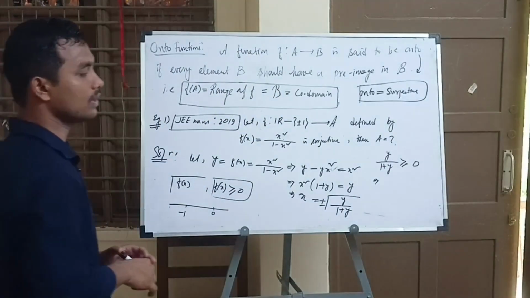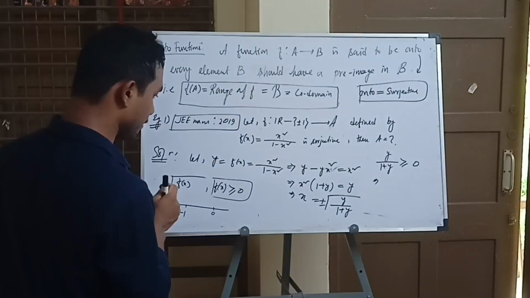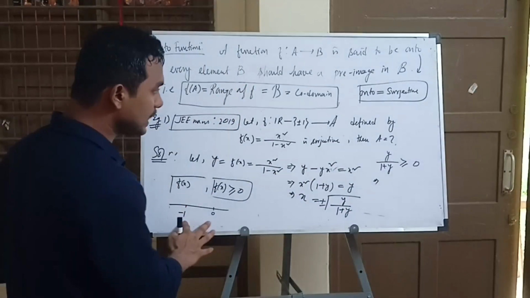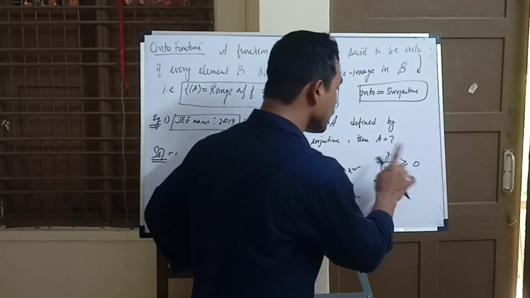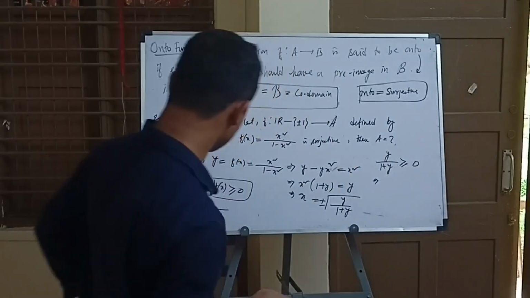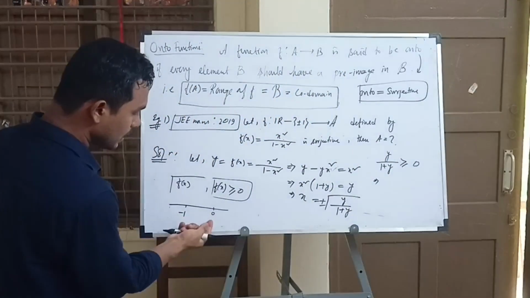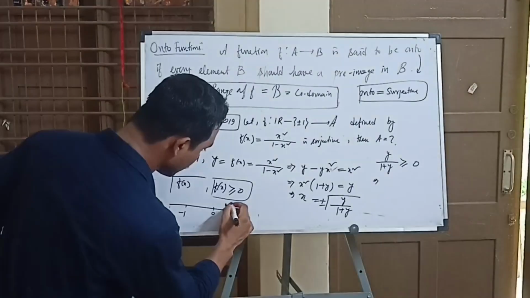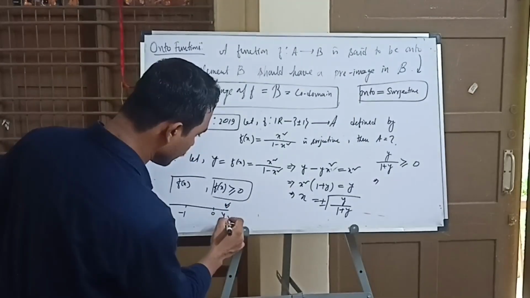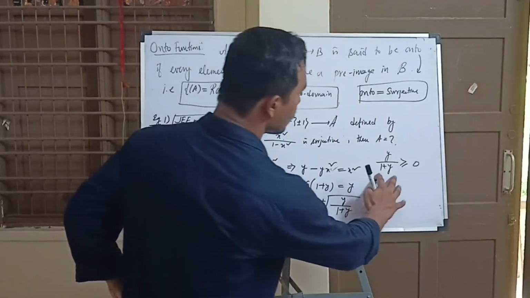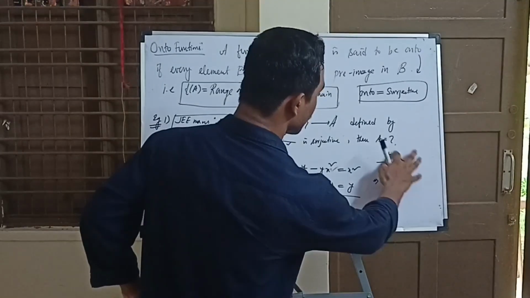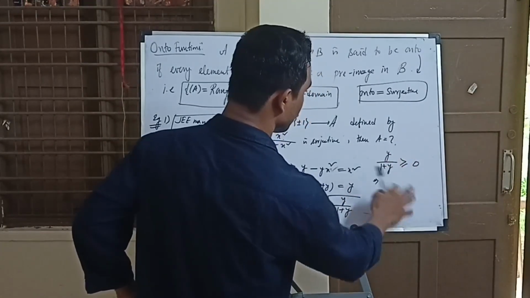At y equal to minus 1, the function cannot be defined here. Now, at which interval will y by 1 plus y be positive? Let's see. For the interval y greater than or equal to 0, this function is always positive, correct?